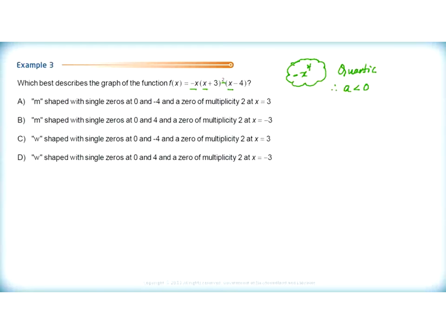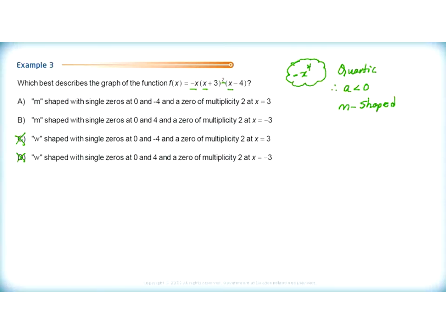That tells me that the graph will be in the shape of an M. When the leading coefficient of a quartic function is less than 0, the graph will extend down into quadrant 4 and down into quadrant 3. So here we have an M-shaped graph which eliminates C and D as multiple choice items.